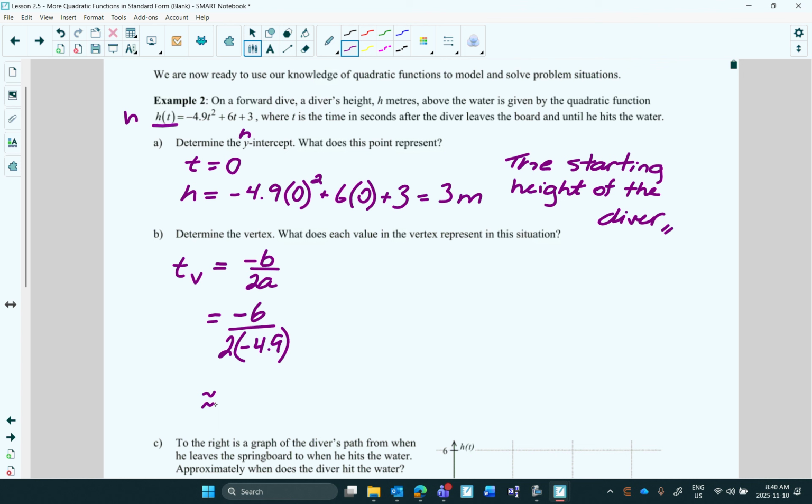Everybody got it? Three decimal places. 0.612. Thank you. And how do I find the y vertex, or in this case, the h vertex? Yes, plug this back in for t and calculate.